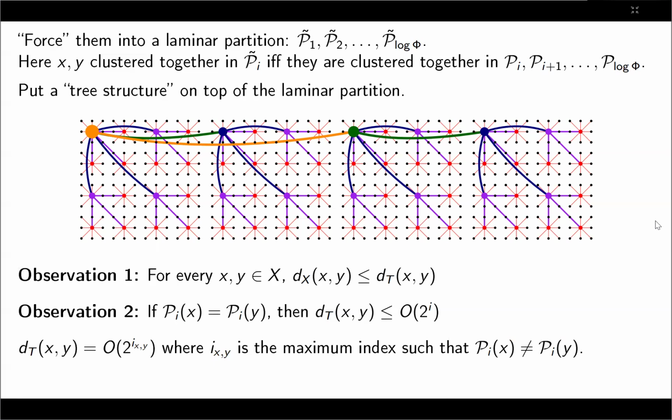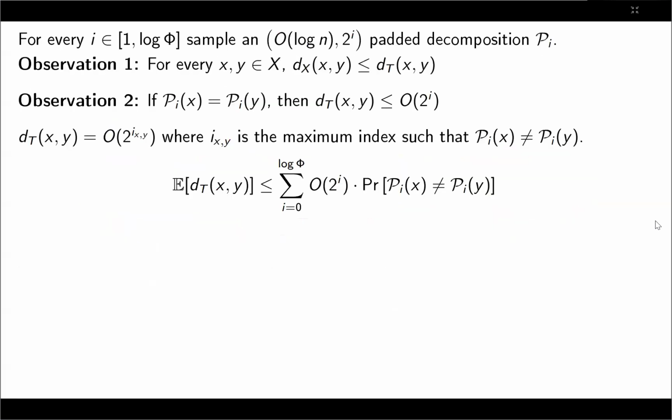And in particular, this implies by observation 2 that the distance between X and Y is, according to the scale, 2 to the i(X,Y). And now let's see what's the expected distance between X and Y. So this is bounded by, if you go over all possible scales, the distance between them will be 2 to the i(X,Y), which is the scale, the first scale where they are separated.